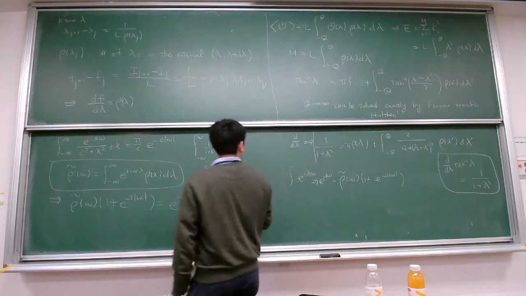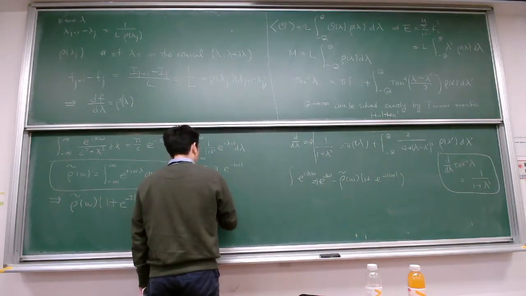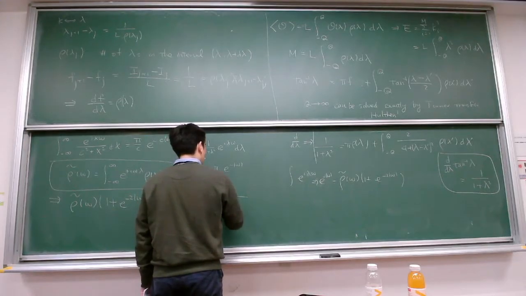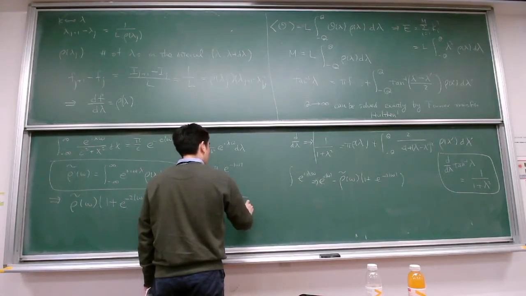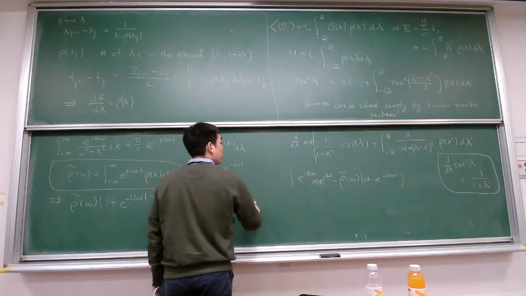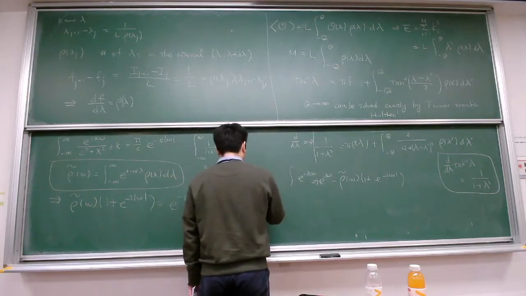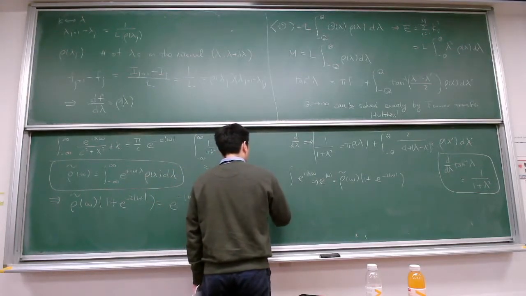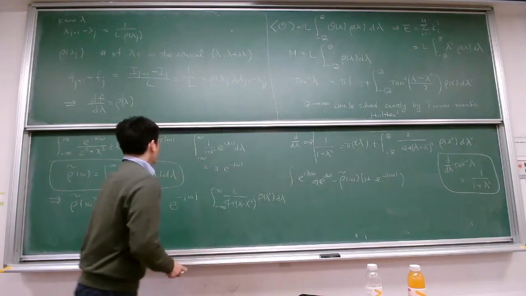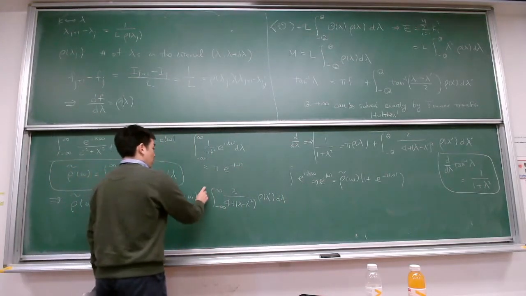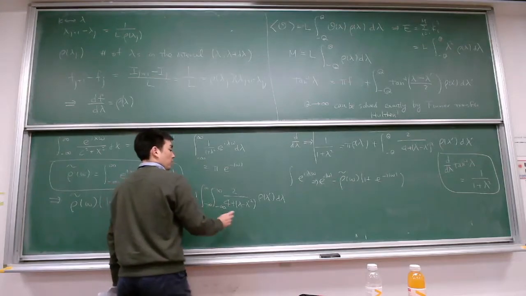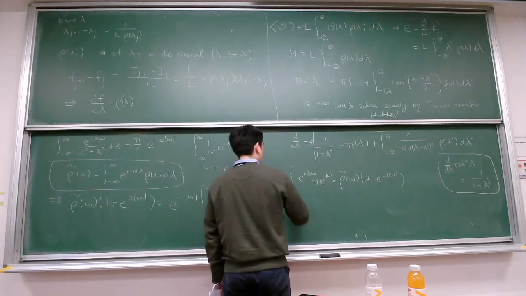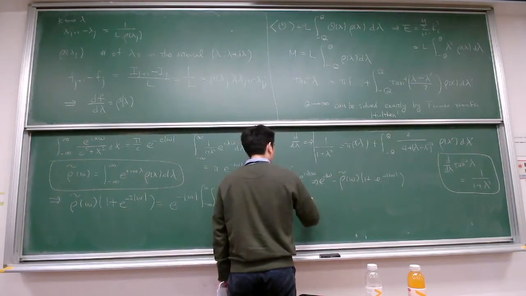So therefore, the integral from minus infinity to infinity of 2 over 4 plus lambda minus lambda prime squared, rho lambda prime d lambda prime, and now we just plug in e to the i lambda omega d lambda.